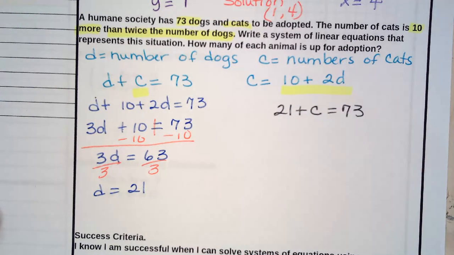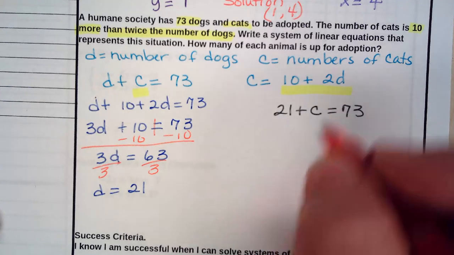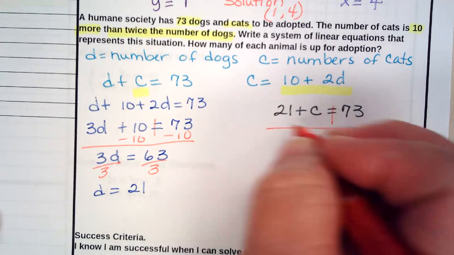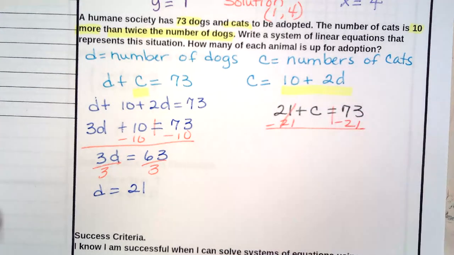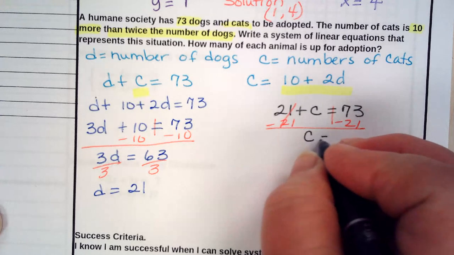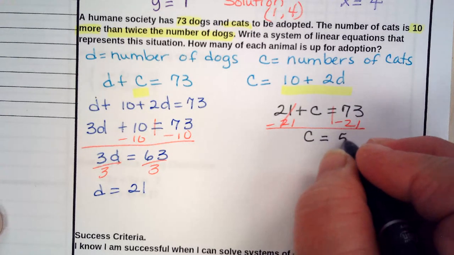Then all I have to do is subtract 21 from both sides. And C is equal to 52.